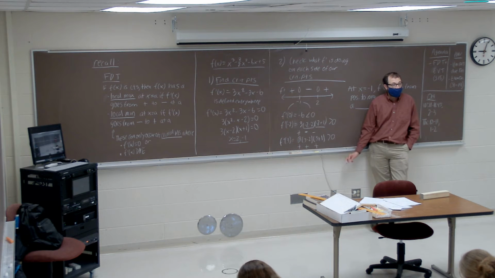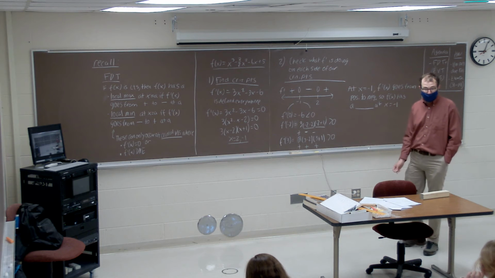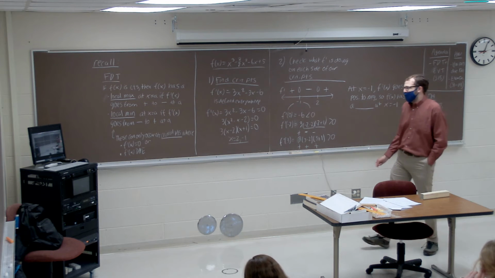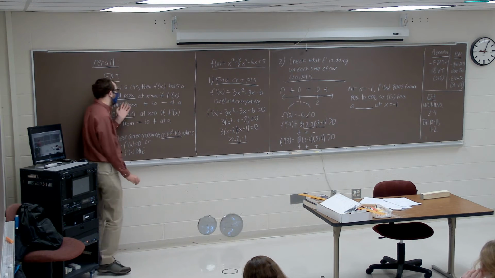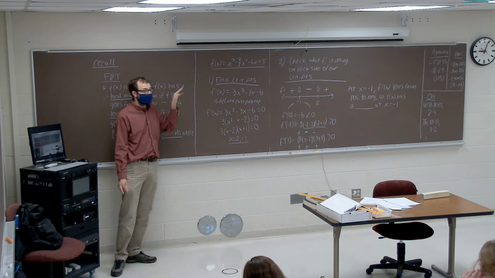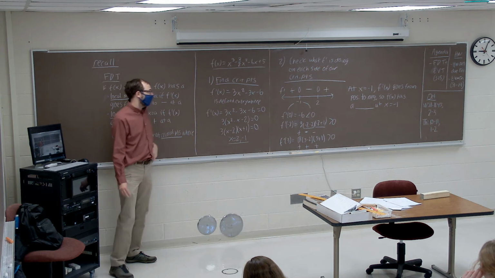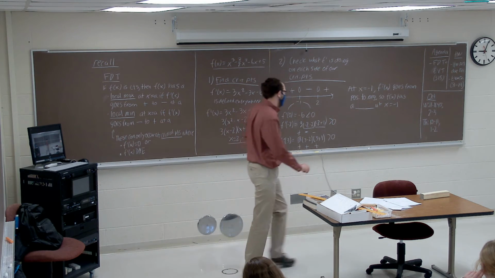So what does the first derivative test then tell us has to happen at x equals -1? What type of extremum, Mackenzie, do we have? It has to have a local max. Because the first derivative test says if f prime goes from positive to negative, meaning your function goes from increasing to decreasing at a point, then that has to be the site of a local max.